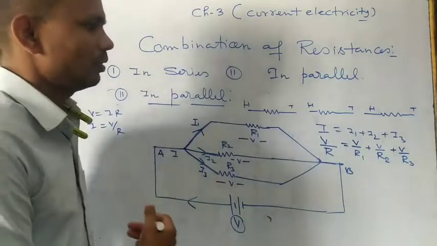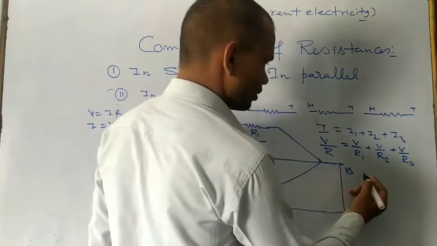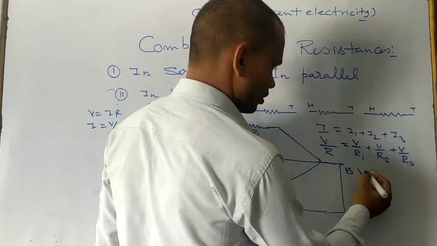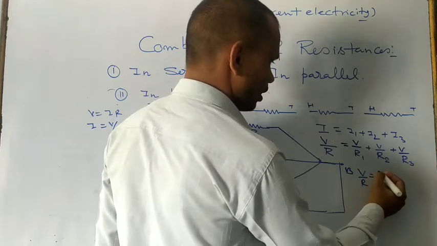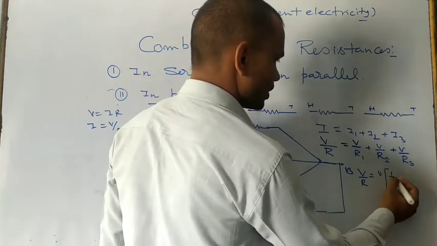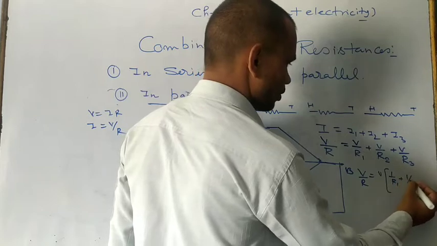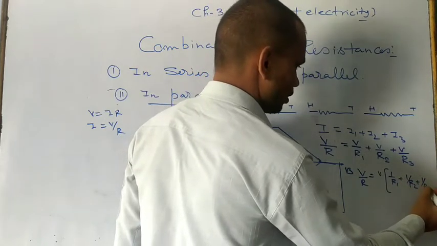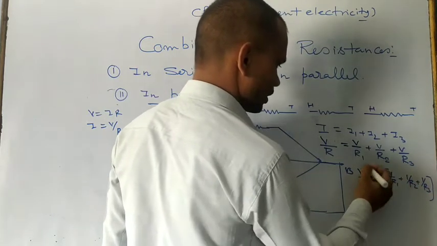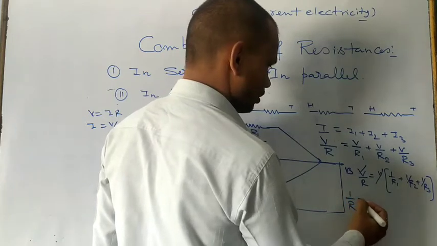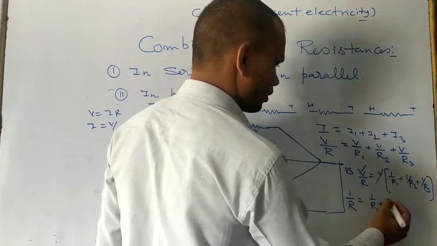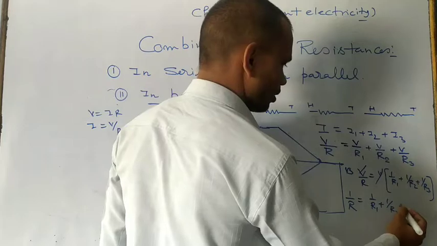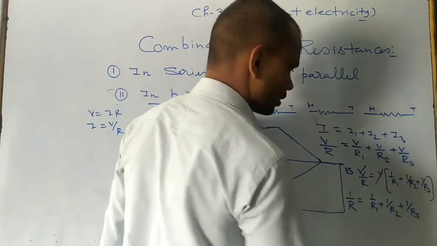Taking V out, V by R equals V times 1 upon R1 plus 1 upon R2 plus 1 upon R3. V cancels out. So 1 upon R equals 1 upon R1 plus 1 upon R2 plus 1 upon R3.